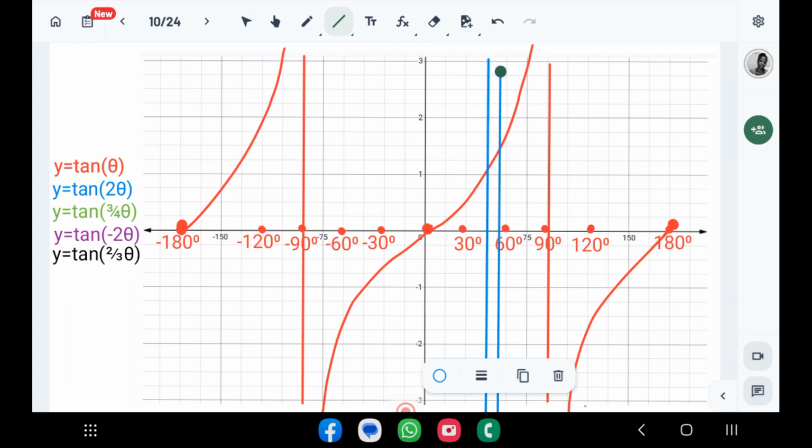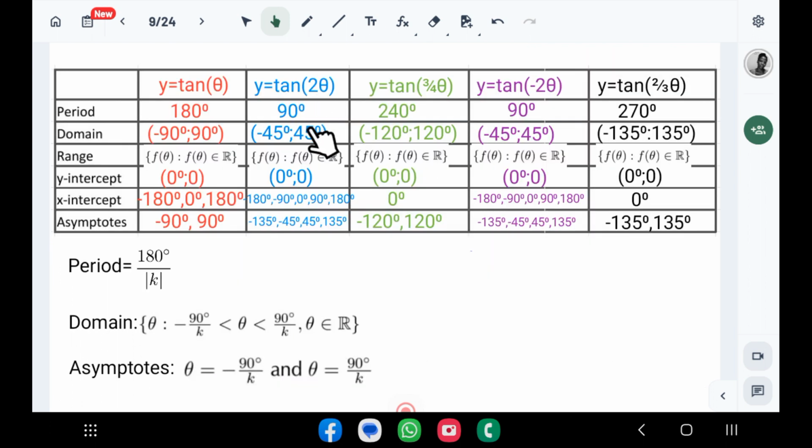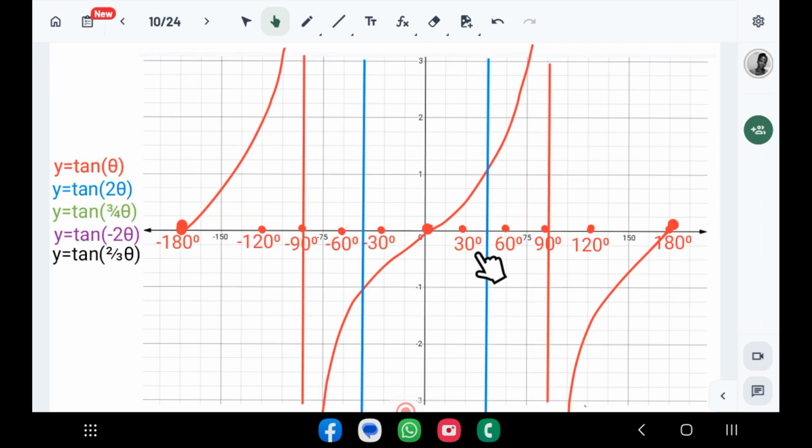Now let's duplicate that on the left hand side. Negative 45 lands right in the middle of these two. Now in order to duplicate the asymptote, the period is 90 degrees for the blue graph. So let's add 90 degrees to 45. So we go 45 plus 90, and the next asymptote will be at 135.